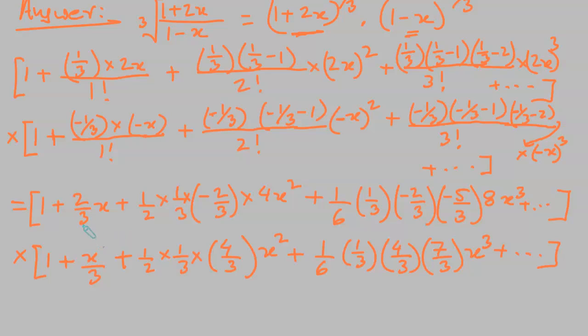And now we may simplify the terms. It is 1 plus 2 over 3 x, and what happens to this part? It is a minus sign over here, I am seeing. So we have to put a minus sign. It is 4 over 9 x square.